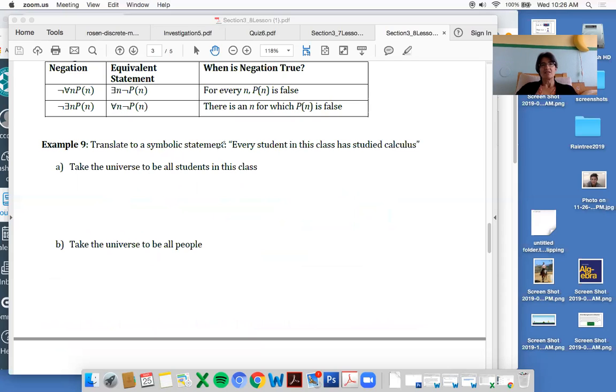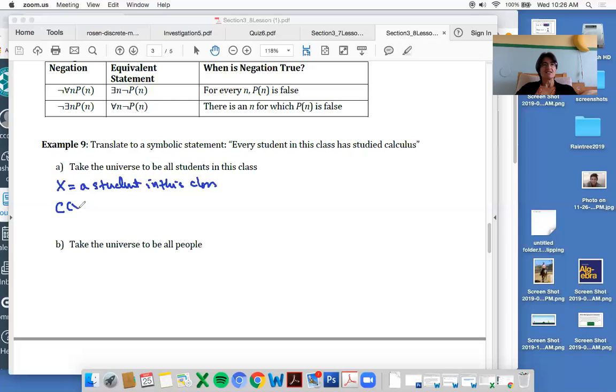Okay, so we're going to look at: every student in this class has studied calculus. And again, the universe is important in how you translate. So let's let the universe be all the students in this class. Okay, so let's say x is a student in this class. So you can see that specifies the universe right there.